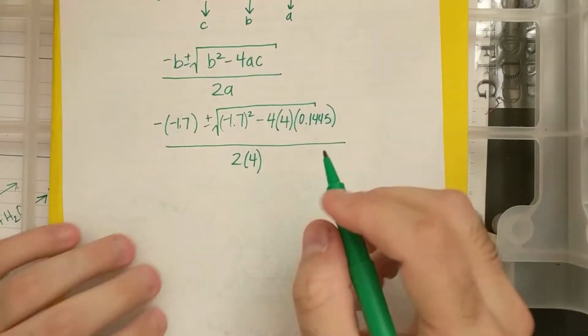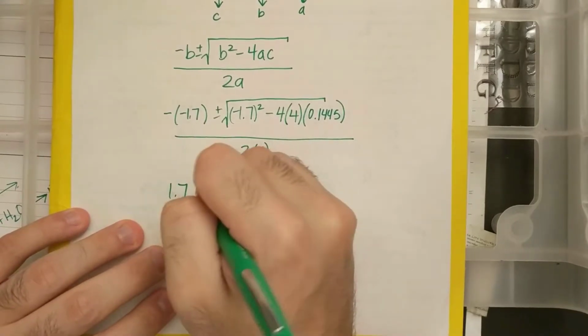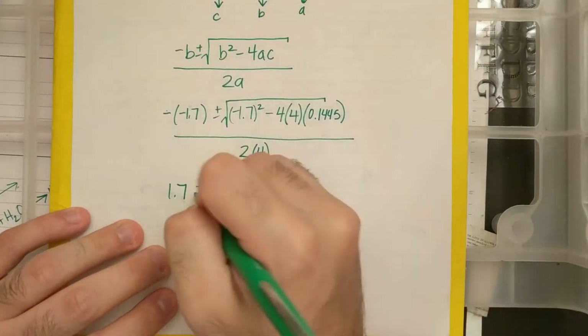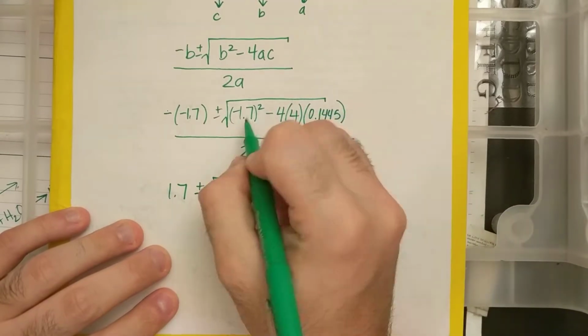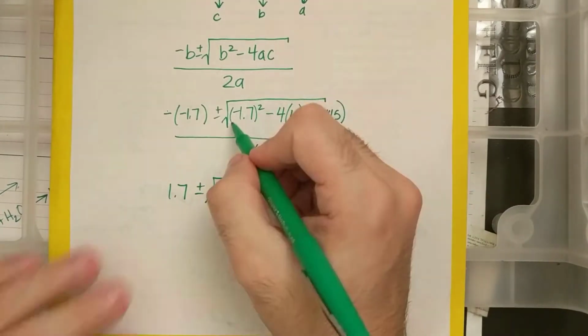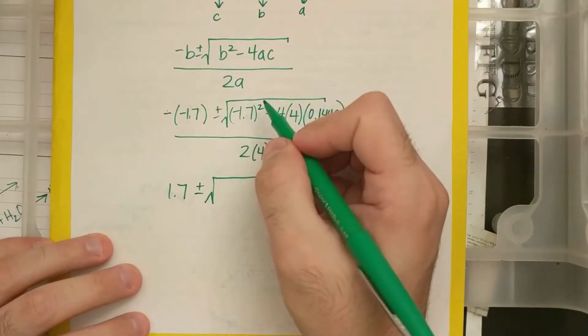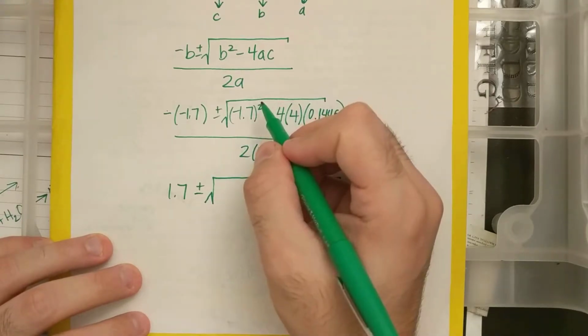And so if I continue to do this, I'll get 1.7, because negative times negative is positive, plus or minus the square root of 1.7 squared, now it's negative 1.7. If you know negative times a negative is a positive, so any negative squared is positive.